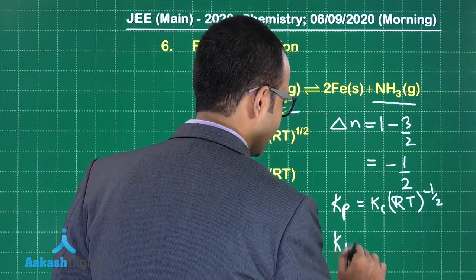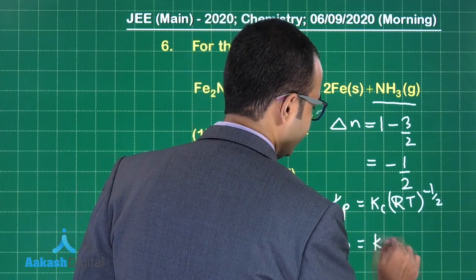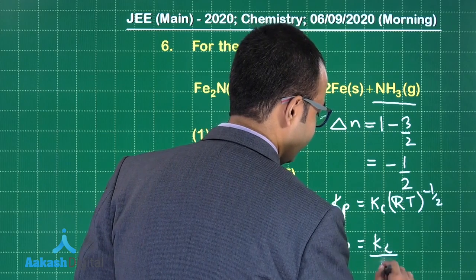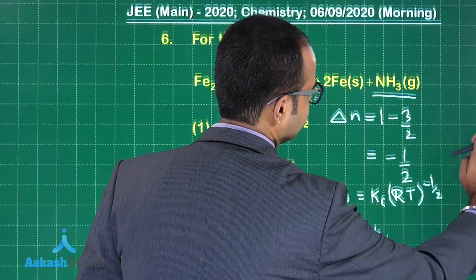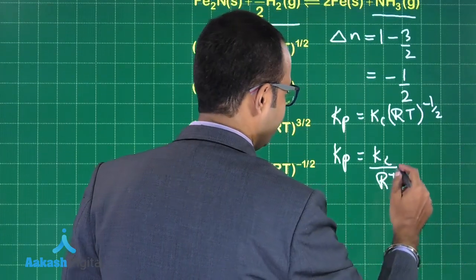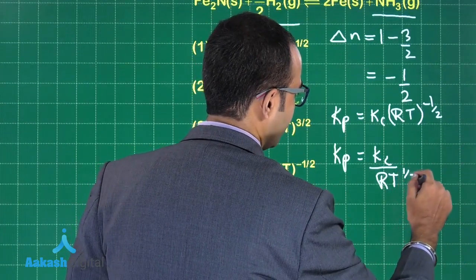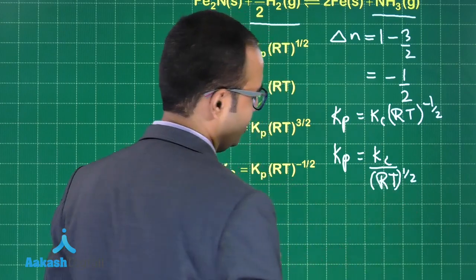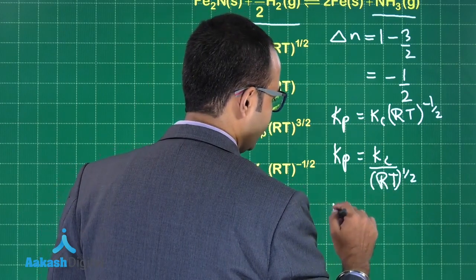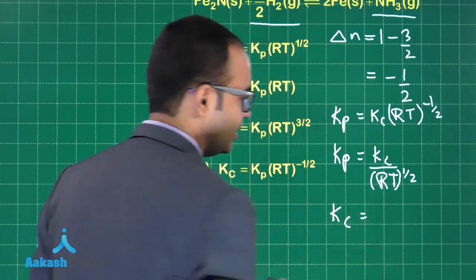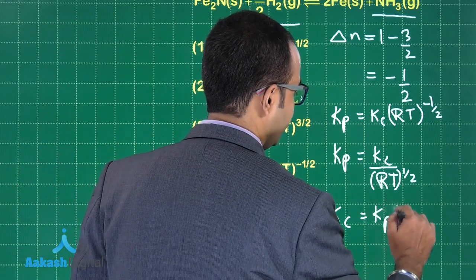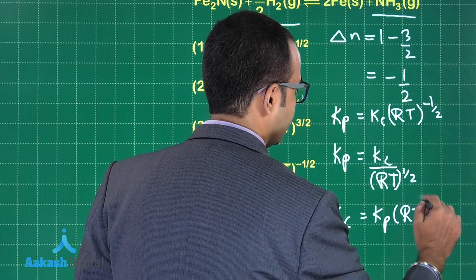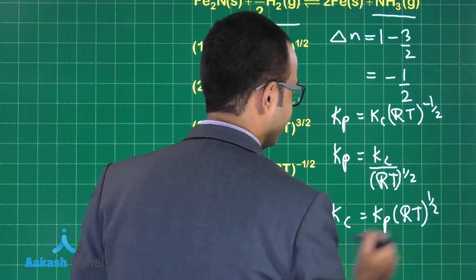So Kp is equal to Kc divided by RT raised to half. So Kc is equal to Kp into RT raised to half, right?